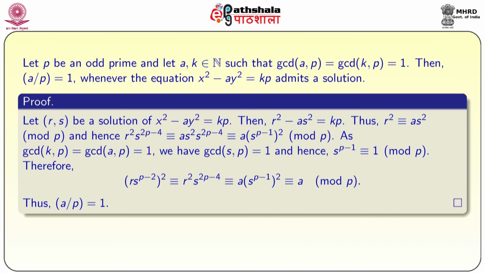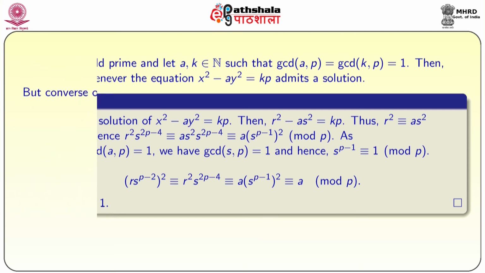Since GCD of k and p equal to GCD of a and p equal to 1, we have GCD of s and p equal to 1. So, by Fermat's little theorem, s power p minus 1 is congruent to 1 mod p. Therefore, r into s power p minus 2 whole square, which is equal to r square into s power 2p minus 4, is congruent to a times s power p minus 1 whole square, which is congruent to a mod p. That means a satisfies the equation x square congruent to a mod p. That means a is a quadratic residue modulo p. Thus, we have (a/p) equal to 1.